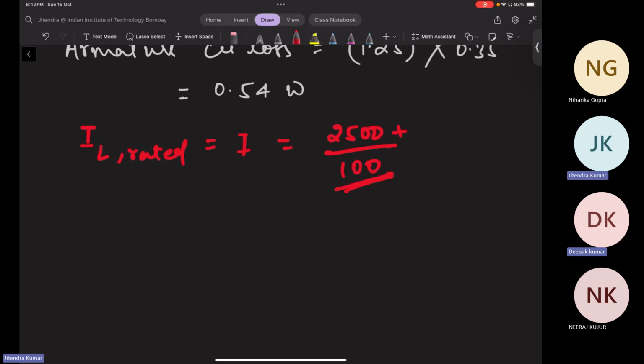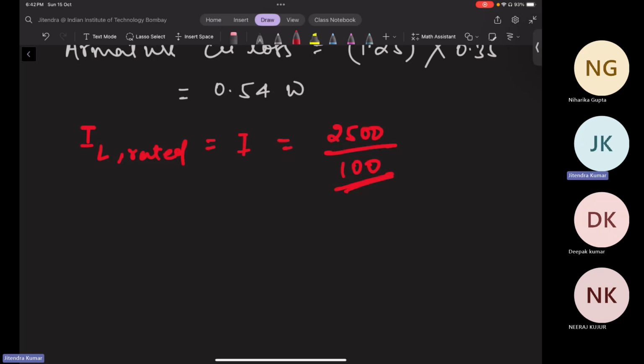They have provided output power, and we know the no load constant losses like field losses and rotational losses. So we can subtract from the output power and we get EB into IA. That is also correct.